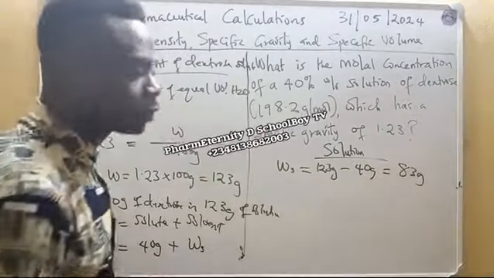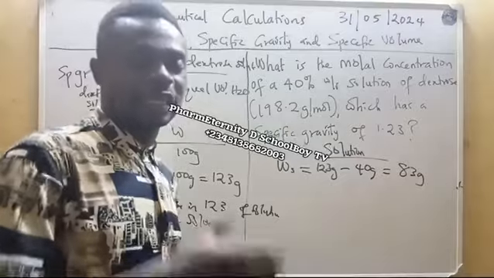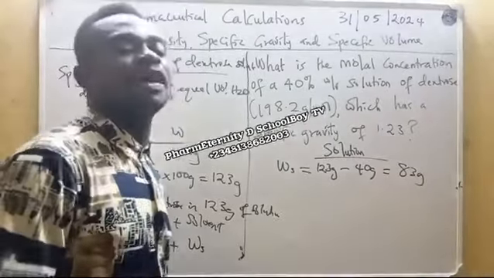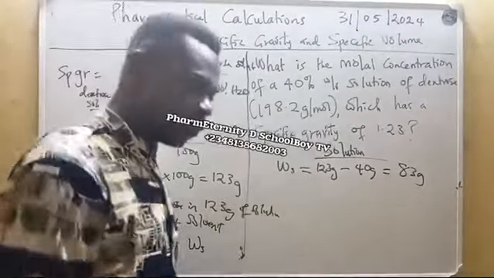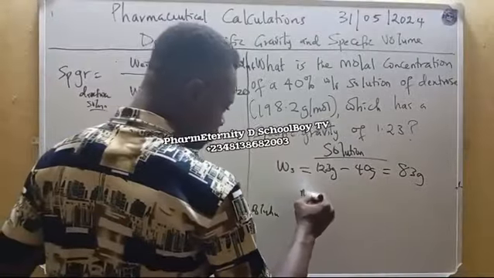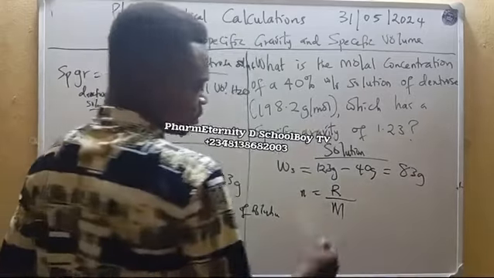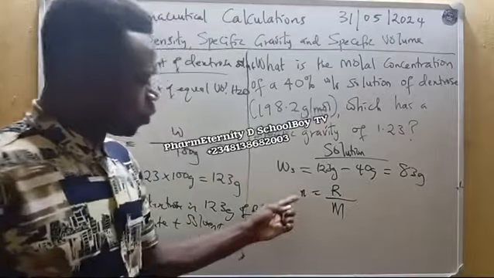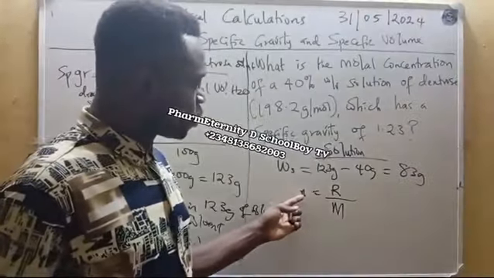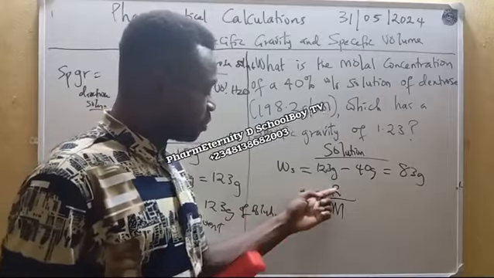What is the relationship between molar mass, the reacting mass or the mass itself, and the number of moles? Number of moles is equal to reacting mass over what? Molar mass. So number of moles is reacting mass over molar mass.